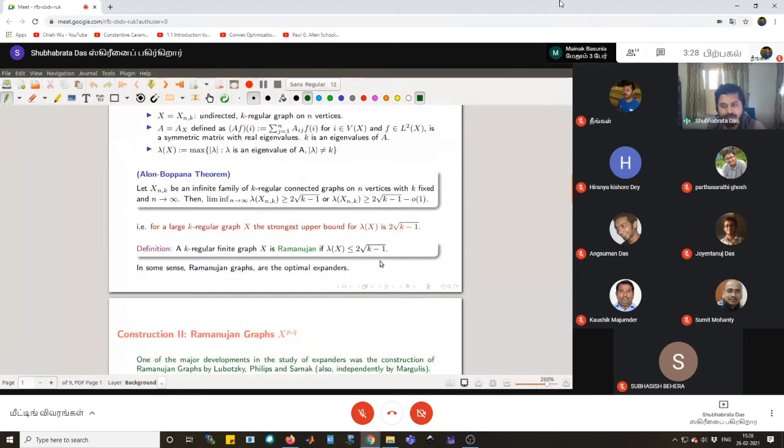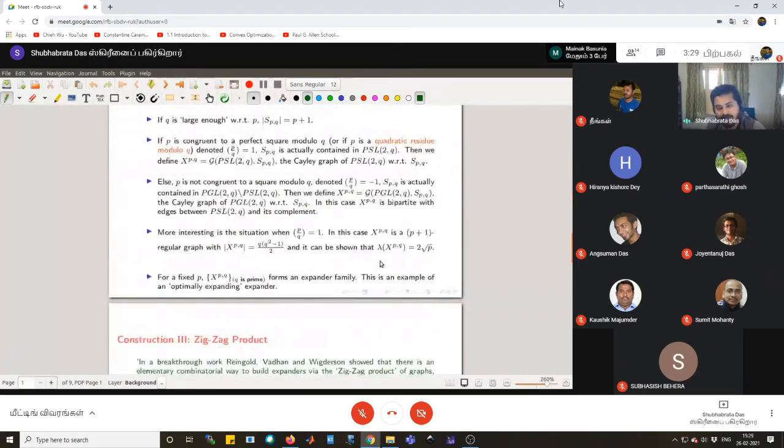So here we get a graph like that, and if we vary q here, all the time we get this expansion bounded by 2 square root of p irrespective of q. So we take this family of X^{p,q} for q a prime, and that gives us an expander family. And that's an optimally expanding expander in the sense that we have achieved this.